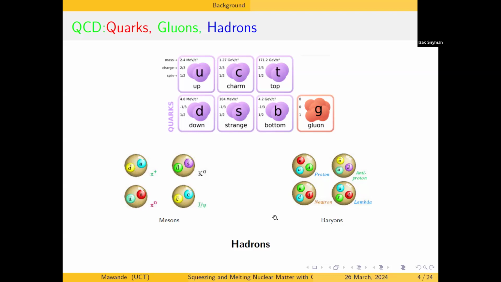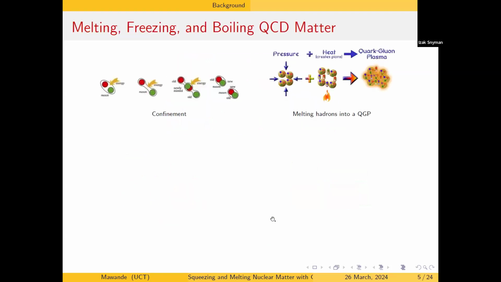So what happens is they come in these bound states, but if you try to split them apart, say you try to knock a quark out with some energy, you supply a lot of energy and stretch them apart.